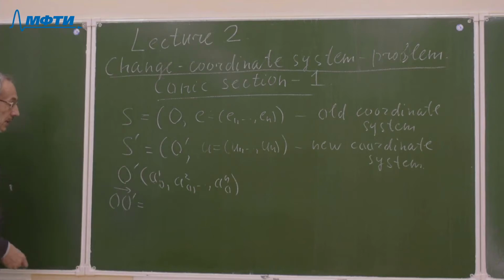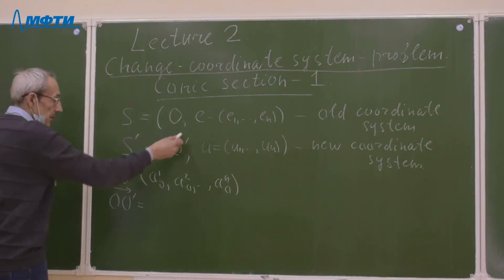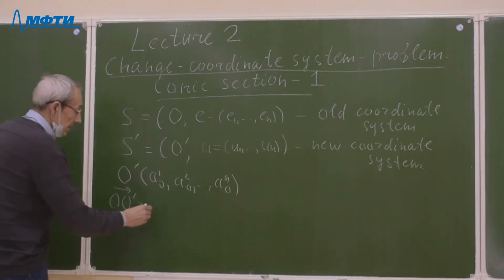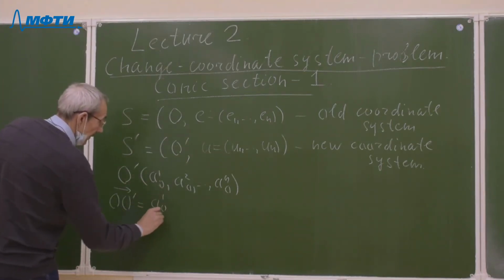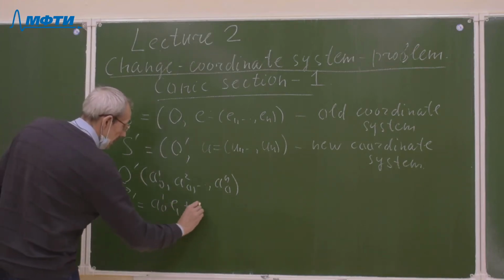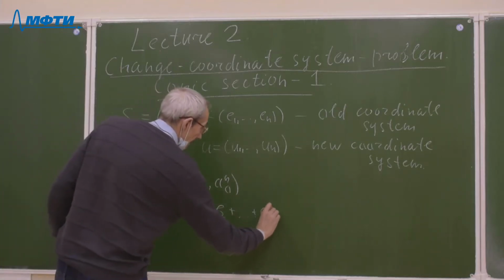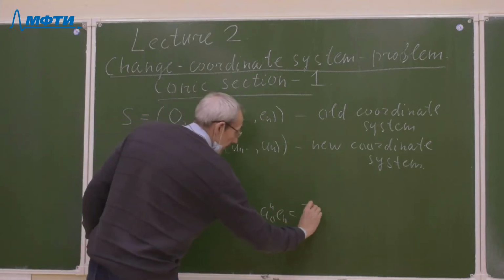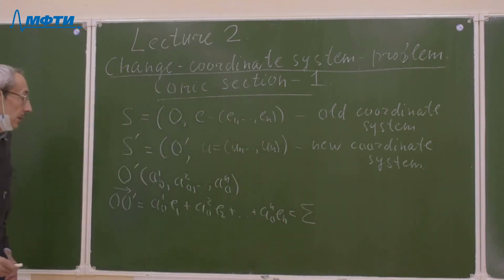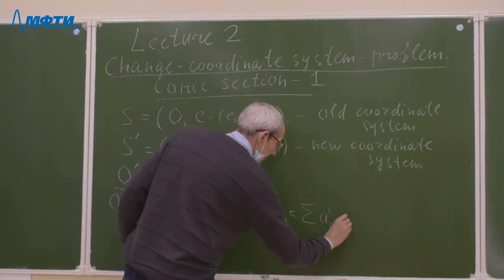In other words, the vector OO prime can be presented as a linear combination of the basis vectors with these coefficients a10, a20, and so on. In other words, we have the following equality.